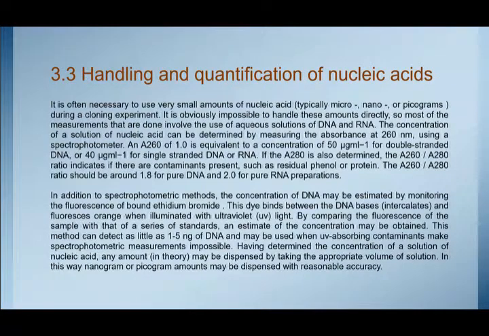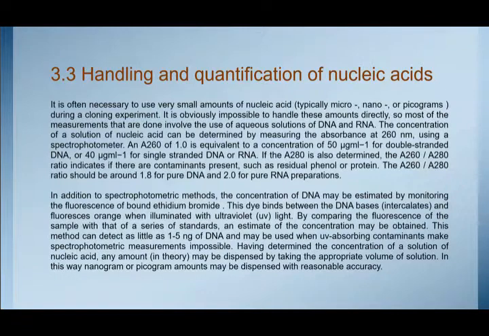It is often necessary to use very small amounts of nucleic acid, typically micrograms, nanograms, or picograms, during a cloning experiment. It is obviously impossible to handle these amounts directly, so most of the measurements that are done involve the use of aqueous solutions of DNA and RNA.